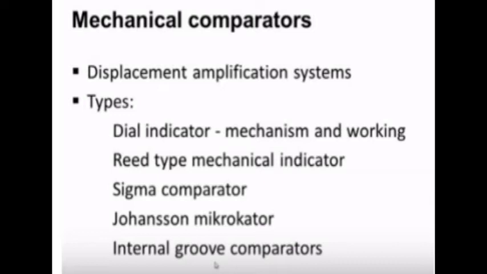The different types available are dial indicator, reed type mechanical indicator, sigma comparator, Johansson microcator, and internal groove comparators. So now, the displacement amplification systems used in the mechanical comparators are illustrated here.